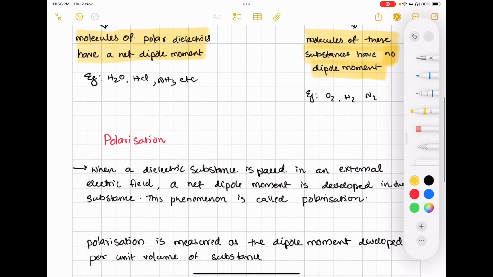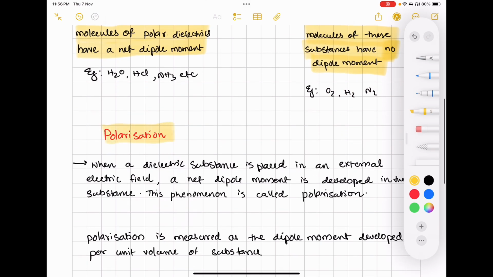So next we can study polarization. When a dielectric substance is placed in an external electric field, a net dipole moment is developed in this substance. This phenomenon is called polarization.